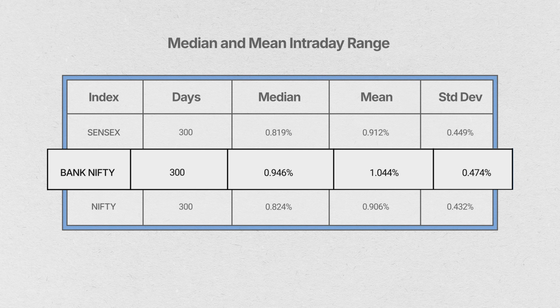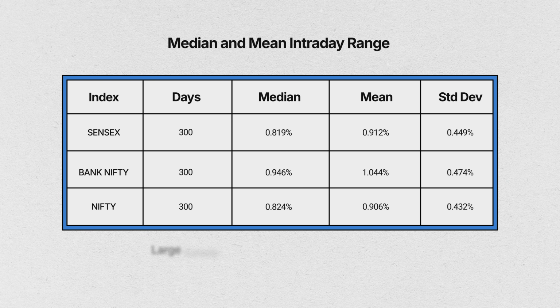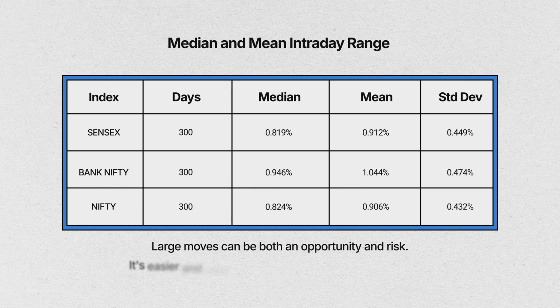But as with anything that moves a lot, large moves can also be both an opportunity and risk. If you are a beginner trader, it's easier and safer to trade a slightly less volatile product. Further in the episode, I will focus on Nifty 50 as I present more market structure related statistics.